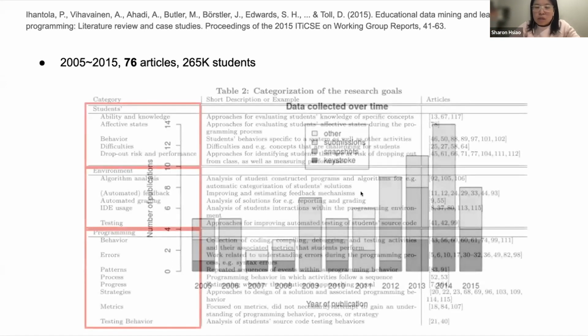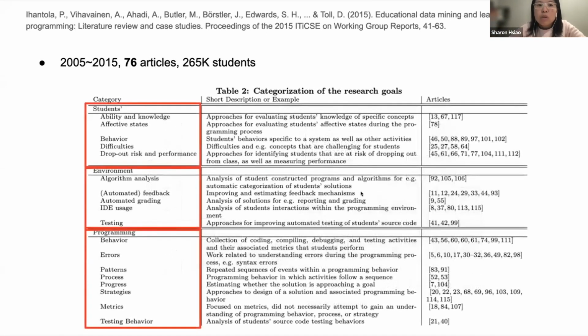So they do these categorizations on all the work from 2005 to 2015 and put it into three categories. The first category focuses on the students, from students' knowledge to students' behavior specifically. The big chunk of that is on the environments, the tools they have been using to help them code. For example, the algorithms, the unit testing, or the automatic analysis and automatic feedback generation to analyze the code, the environment in general.